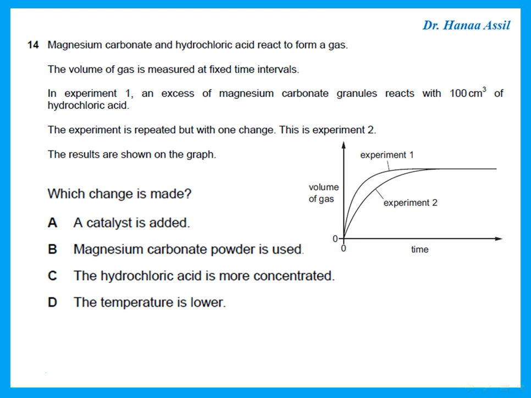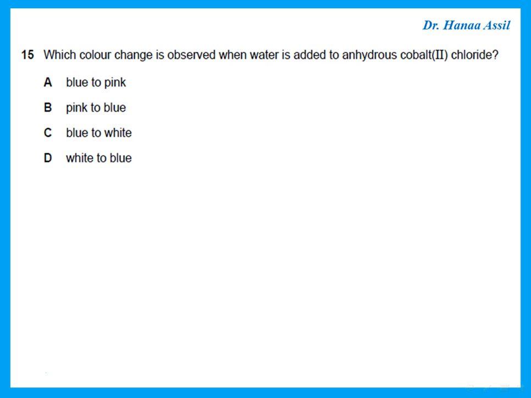The first question you ask yourself is, is experiment 2 faster or slower? It is slower. So which of these will cause the reaction to be slower? Catalyst? No. Magnesium carbonate powder? No, that will increase the rate. Hydrochloric acid more concentrated? That would increase the rate. I want something that will lower the rate, so it is a lower temperature.